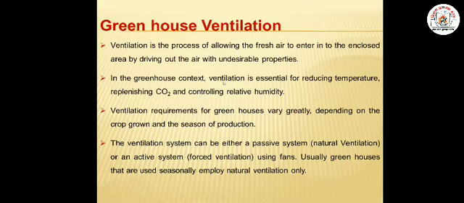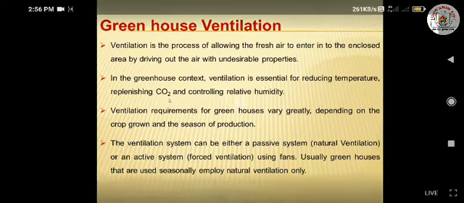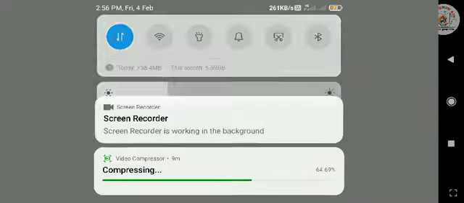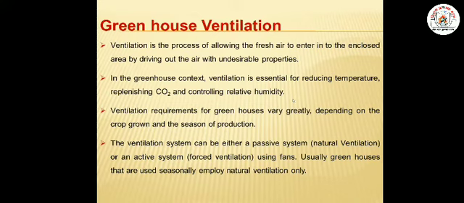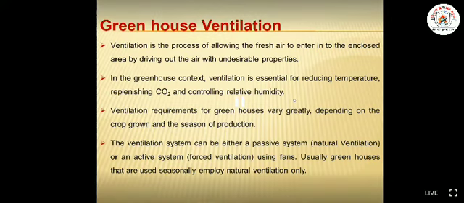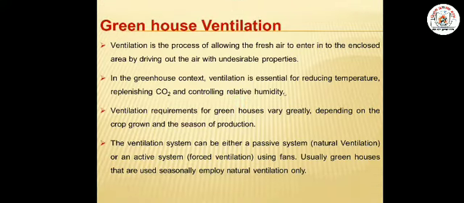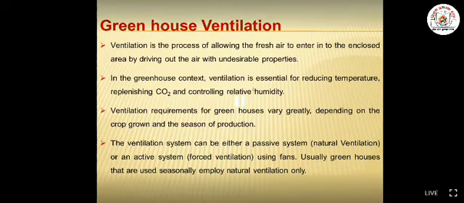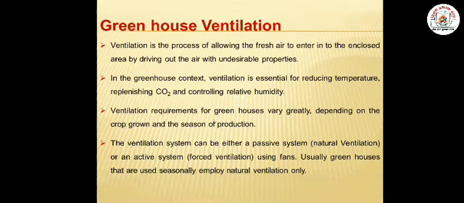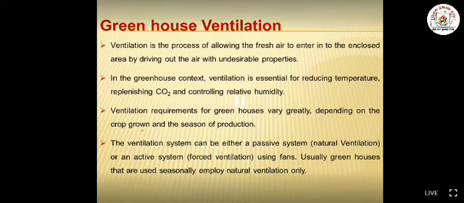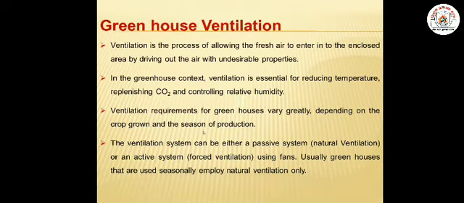In the greenhouse context, ventilation is essential for reducing the temperature, replenishing the carbon dioxide, and controlling the relative humidity. So, to have control of temperature, CO2 level, and relative humidity, ventilation is essential. Ventilation requirements for greenhouses vary greatly depending upon the crops grown and the season of crop production.